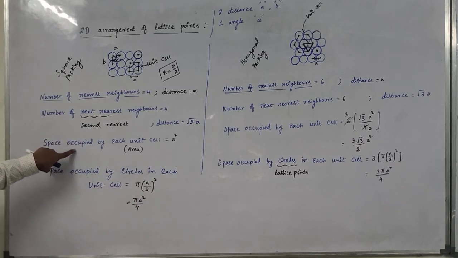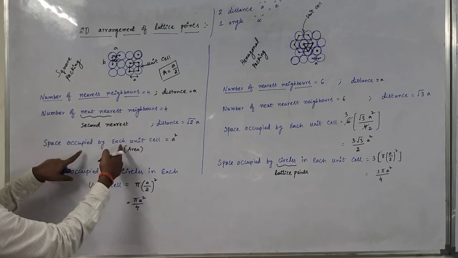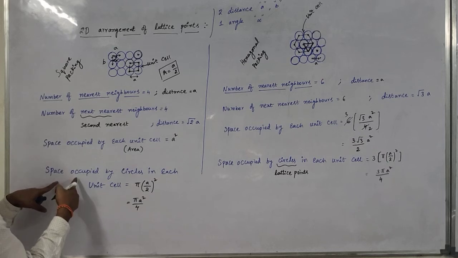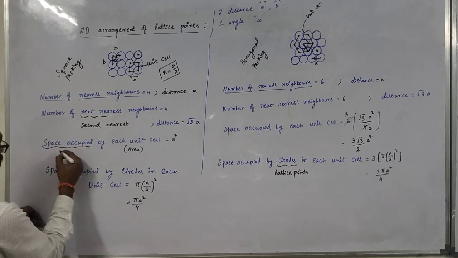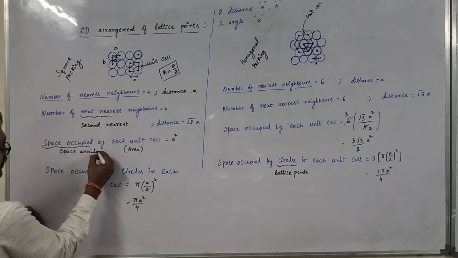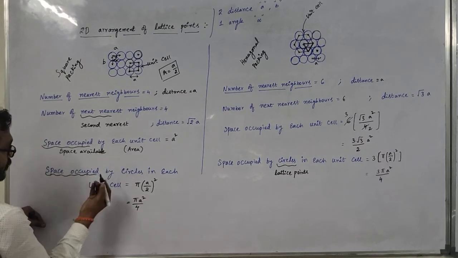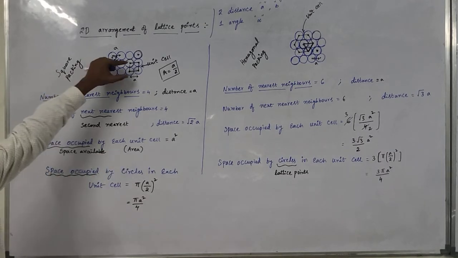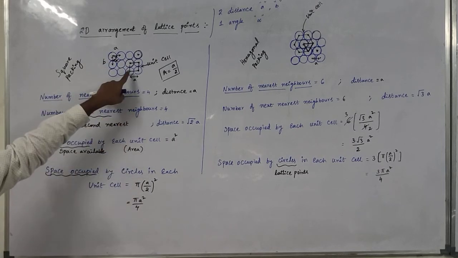This is the space occupied in each unit cell, and this is the space available.